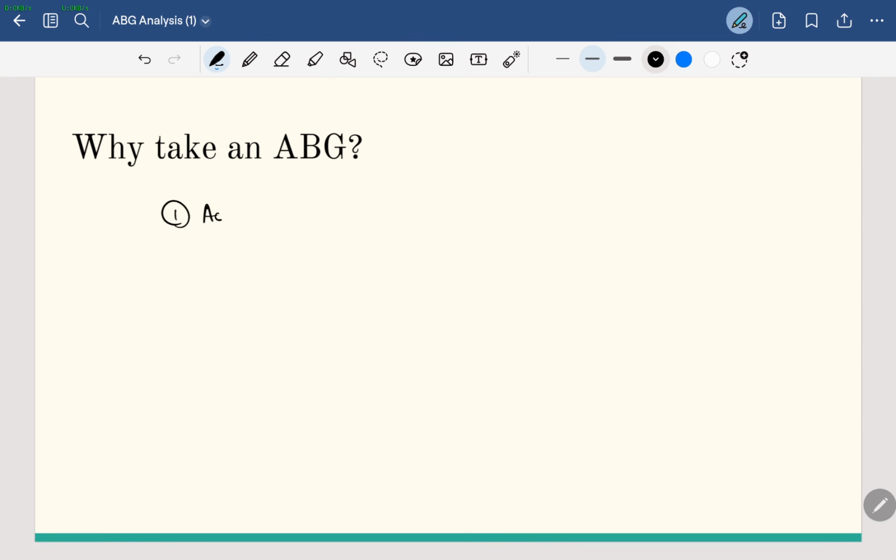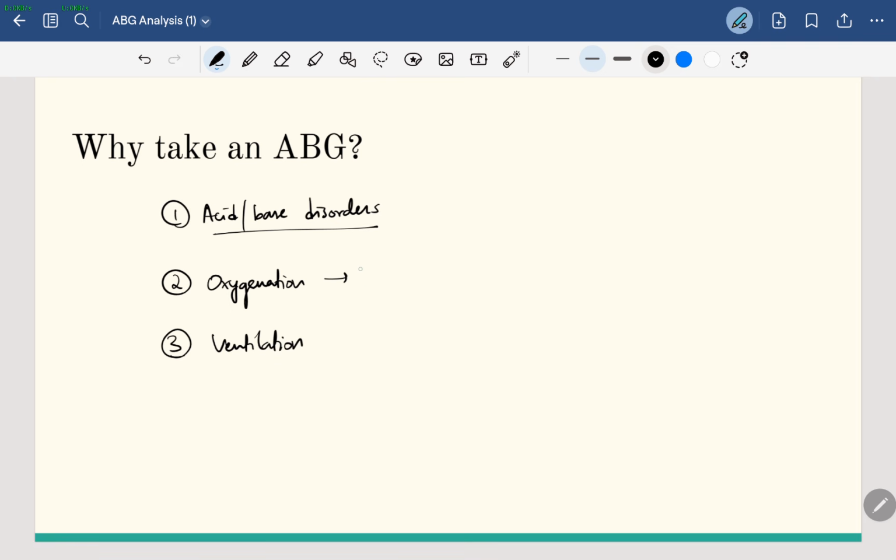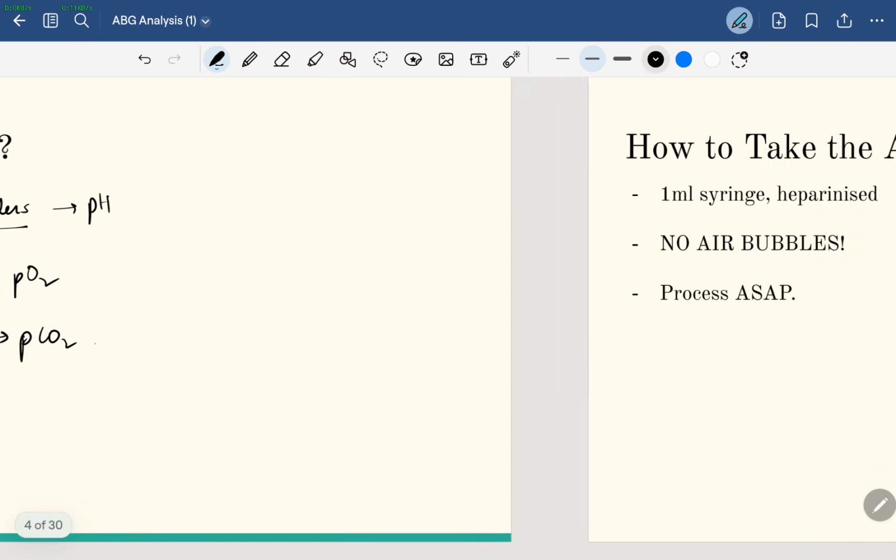One is, of course, to look for acid-base disorders, and this is the primary purview of our topic today. Apart from that, you can assess the oxygenation of a patient, and you can assess the ventilation of a patient. Oxygenation is given by the PO2, whereas the ventilation is given by the PCO2. Of course, acid-base disorders are usually identified by looking at the pH.